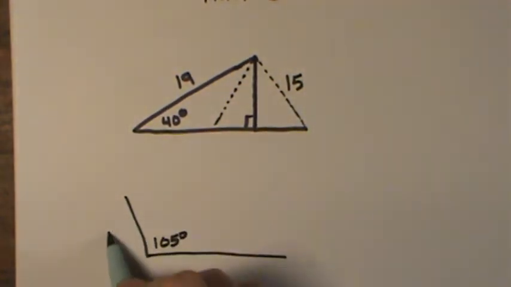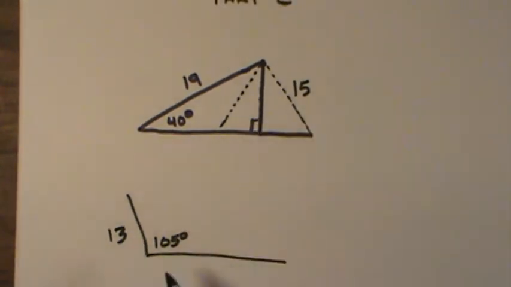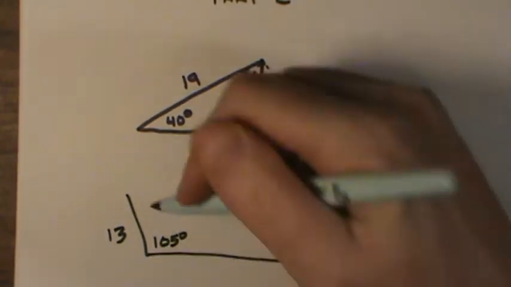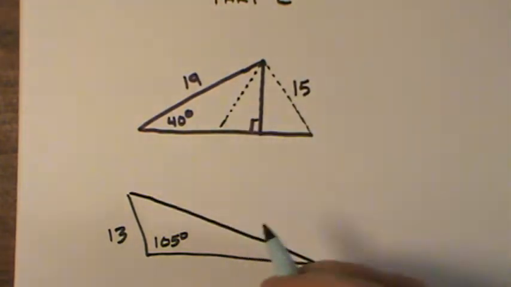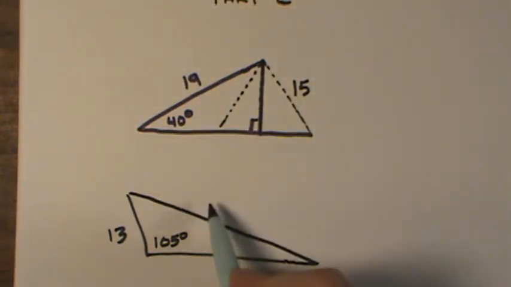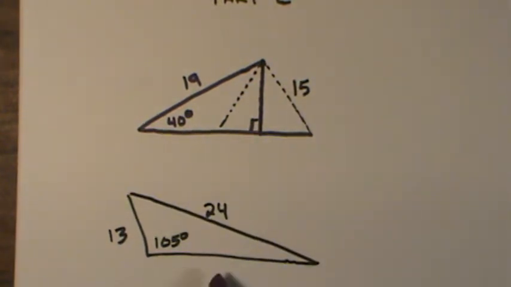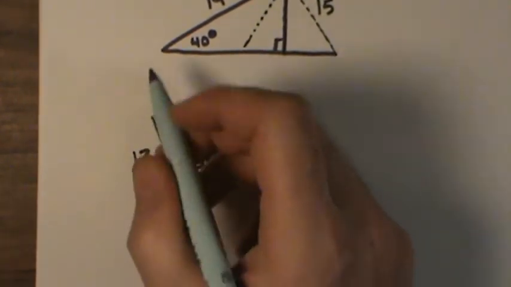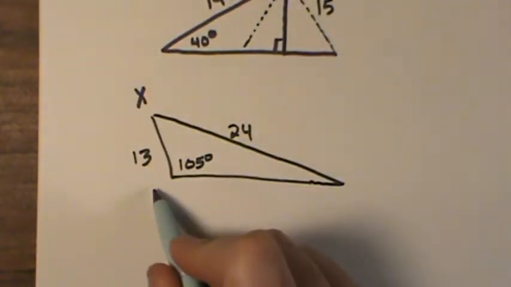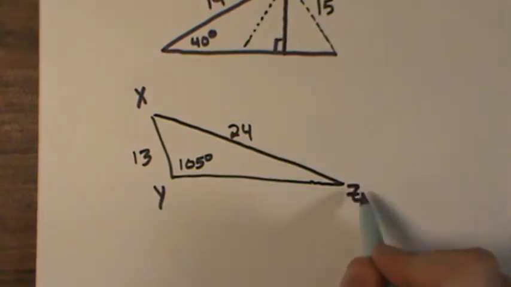So if they tell me that this is 13, see, here's my angle, side, and I run this out like this, and I tell you that this is 24, I should be able to find the missing side over here, or the angles for that matter. And how would I do that? We'll walk through that here as our second example. Let's call this triangle XYZ.